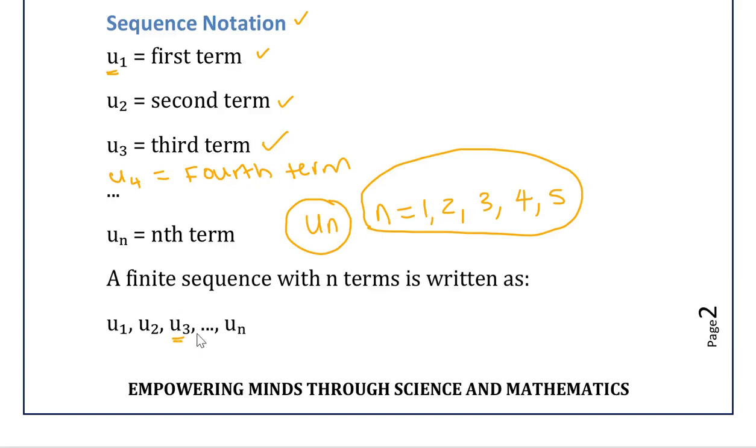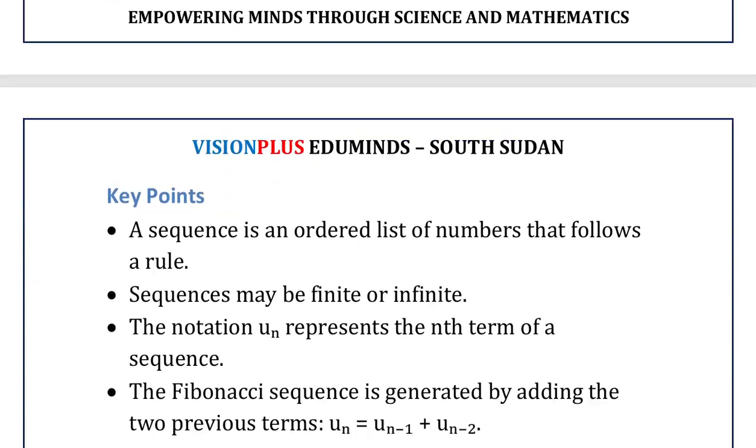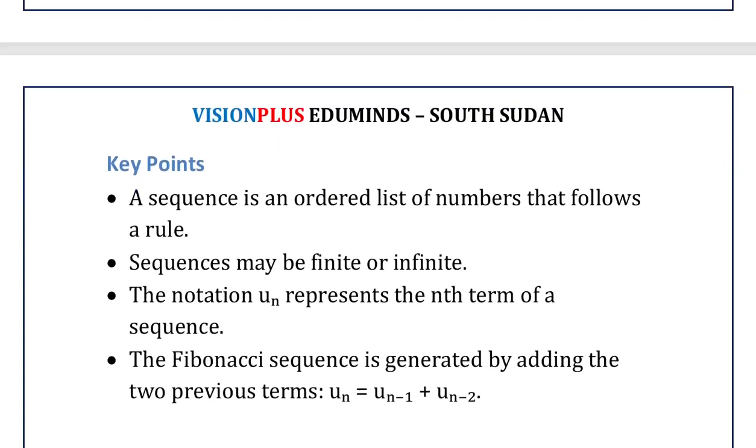It continues up to Un. Un is the last term of that finite sequence. And that is the introduction that I thought was very important and necessary for us to know before we go into examples of sequences.